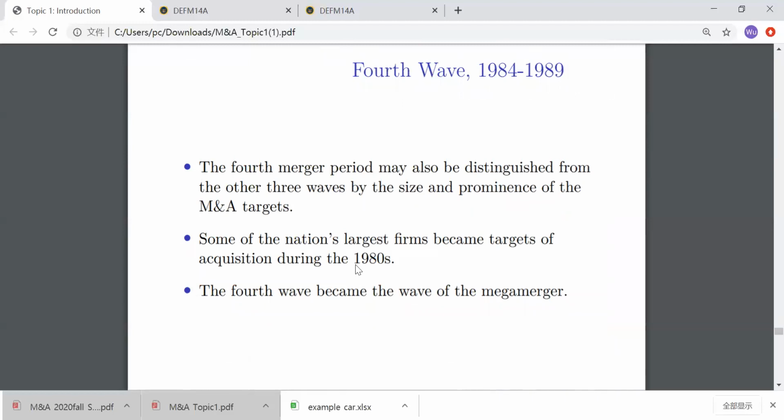In the fourth merger wave, the other feature is that the target size becomes bigger and more prominent. Some of the nation's largest companies become the targets of acquisition. That is also why the fourth merger wave was called the mega merger, because it involved many bigger firms being taken over.